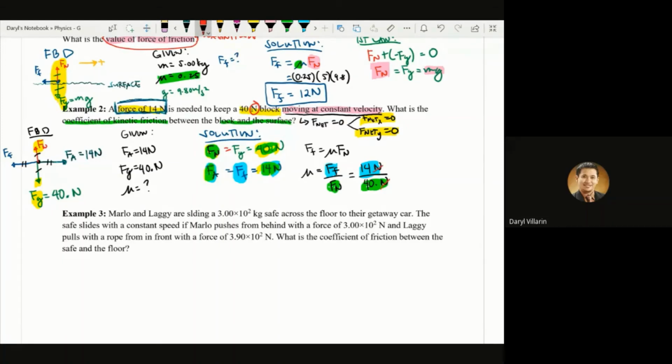Newton over newton is just 1. So you get the value of mu, which is 14 divided by 40, that's 0.35. Okay, so that should be the coefficient of friction.